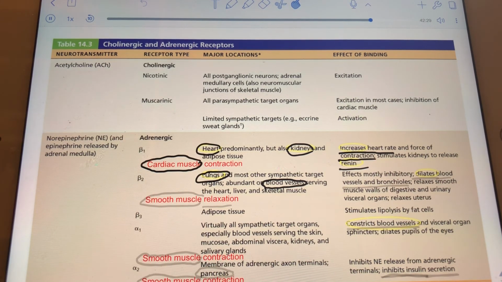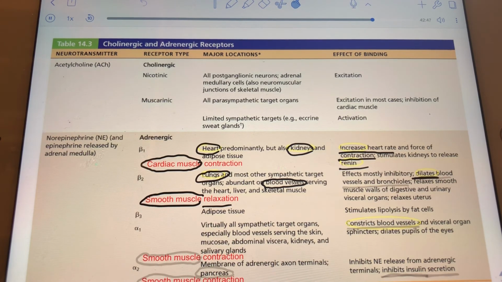And beta 2 binding triggers the relaxation of smooth muscle, which, at least where these 2 effectors or targets are concerned, will bring about dilation. So vasodilation and bronchial dilation, okay?